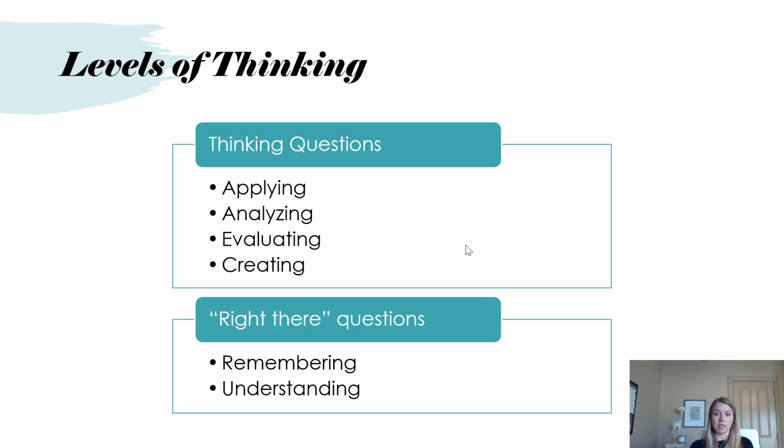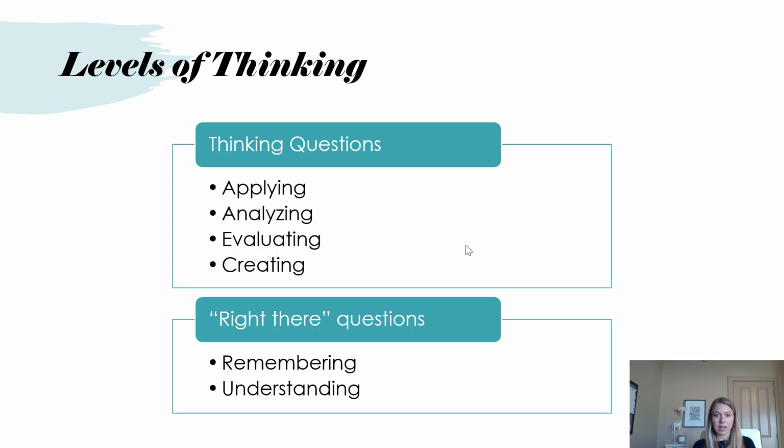So on some of these, there's going to be a crystal clear right answer. When a teacher asks you to apply your math knowledge to solve the equation, yeah, there's going to be a right answer for that. But on others, for example, maybe evaluating, there's not necessarily a right or a wrong answer. If the teacher asks you to evaluate which character you would most like to meet, go to dinner with, and why, there's no one character that's the right answer.